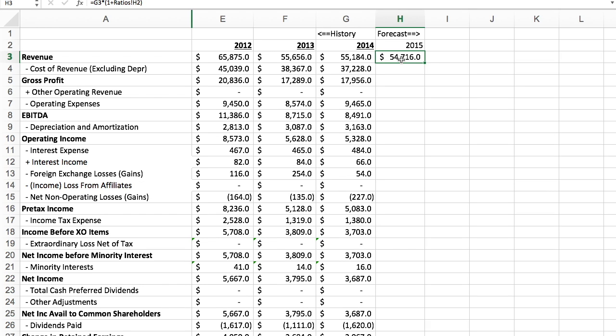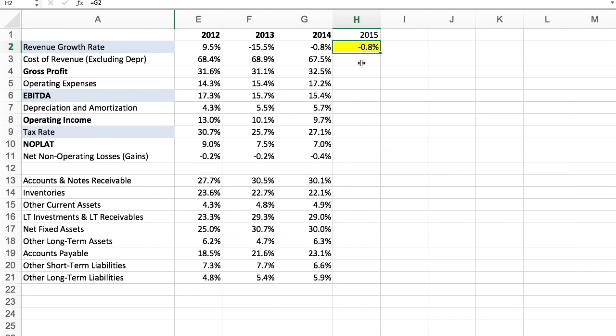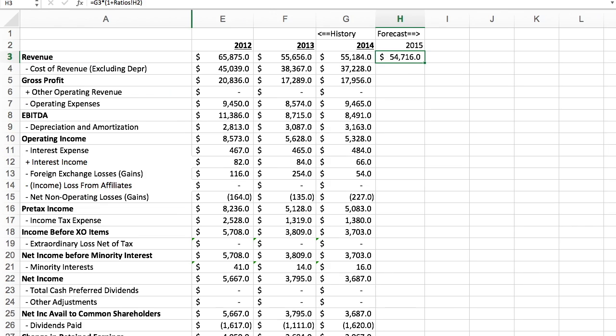So the idea is for H3, what I'm saying is if I take last year's revenue and I multiply by 1 plus the growth rate, which right now the growth rate's negative 0.8%, then I would come up with this revenue amount of 54,716. Right? So that's just if CAT's in steady state.